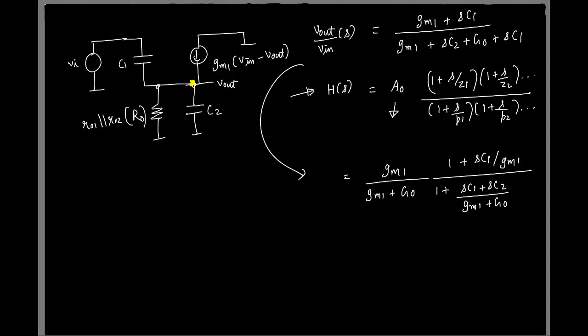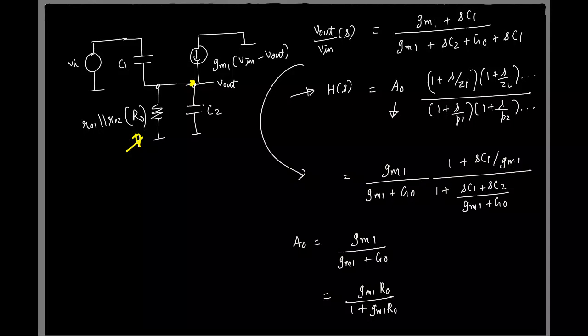Okay. So what is the DC gain we get? It's GM1 by GM1 plus G0. If you put G0 as 1 by R0, you will get the same old expression that we are familiar with. Same thing, right? When we had a resistor R0 at the source, this is the gain you get for the common drain.